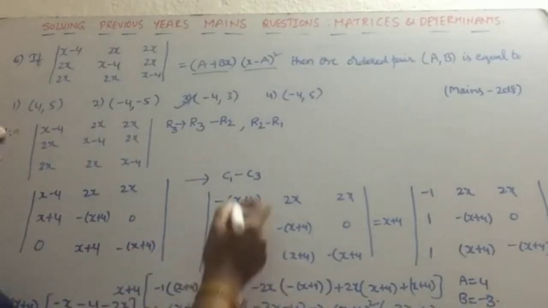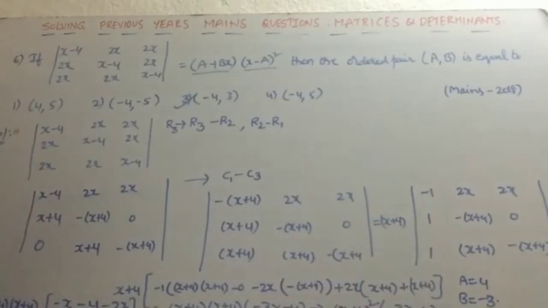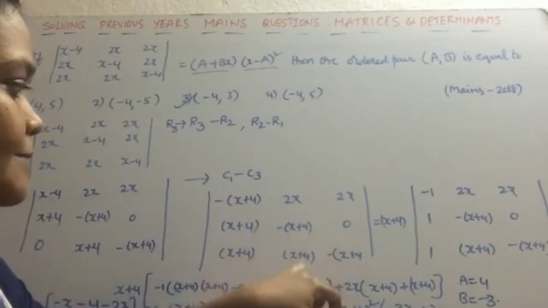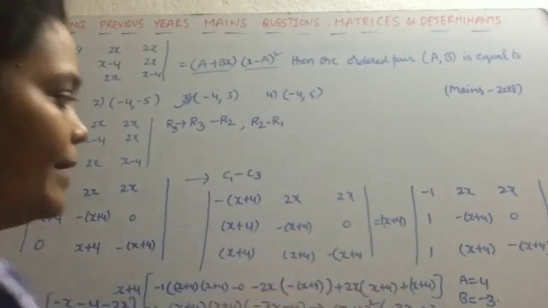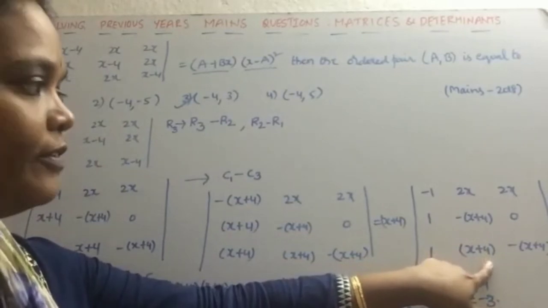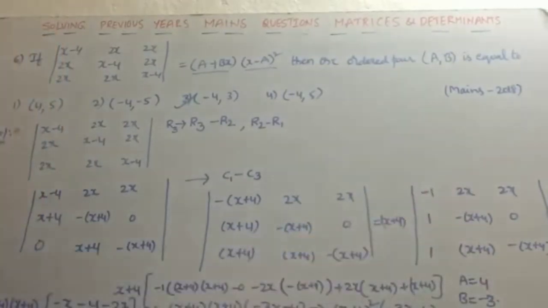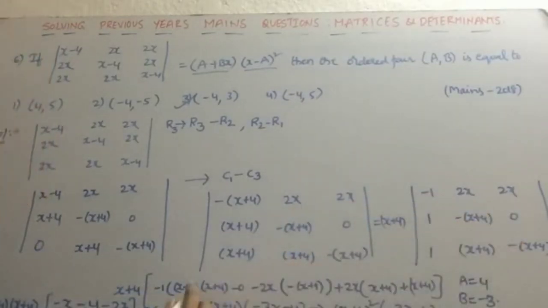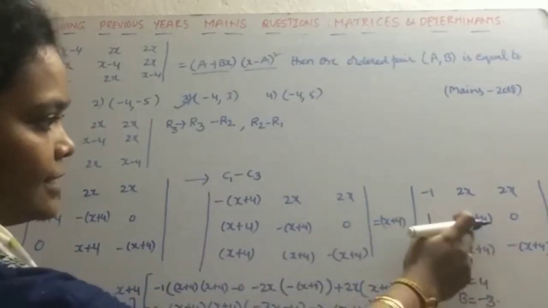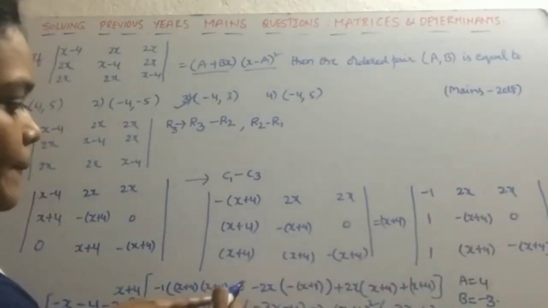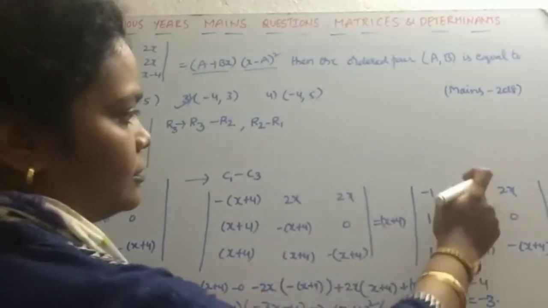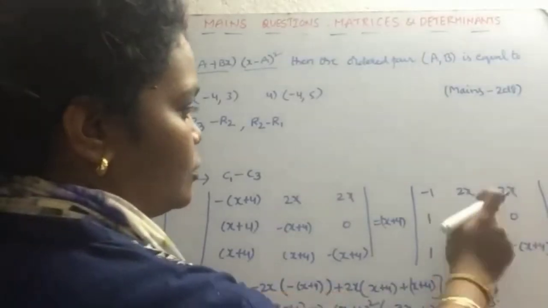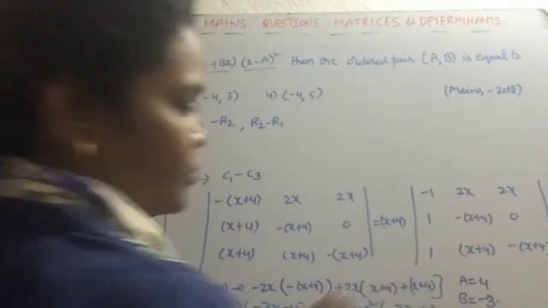Now we will take the common value x plus 4 in the first column. Then we will get minus 1, 1, 1 and 2x, minus x plus 4, 2x, 0, minus x plus 4. Now we will find the value of this determinant. So x plus 4 into minus 1 into minus x plus 4 into minus x plus 4, that means minus into minus plus, that means x plus 4 whole square minus 0, and minus 2x into minus of x plus 4 plus 0 plus 2x into x plus 4 plus x plus 4.